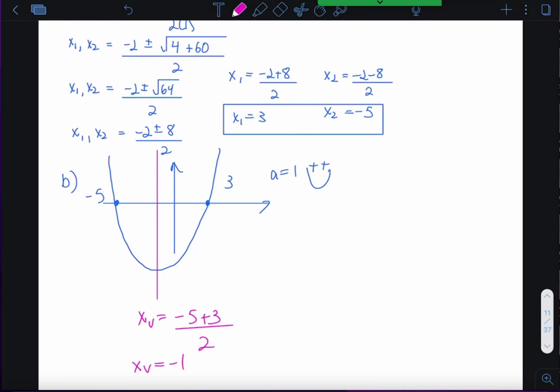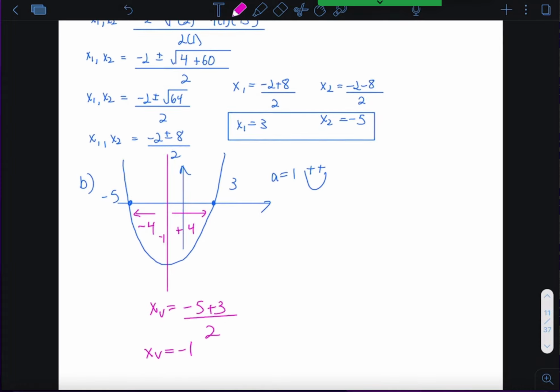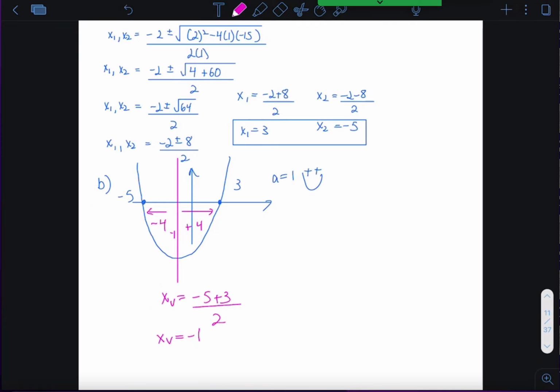The axis of symmetry is -1, and that makes sense, okay, because what I have here is -1, and then I'm adding 4 or subtracting 4 from the axis of symmetry to get the roots. So the axis of symmetry is always going to lie right in the middle of the two x-intercepts. This will become useful later.